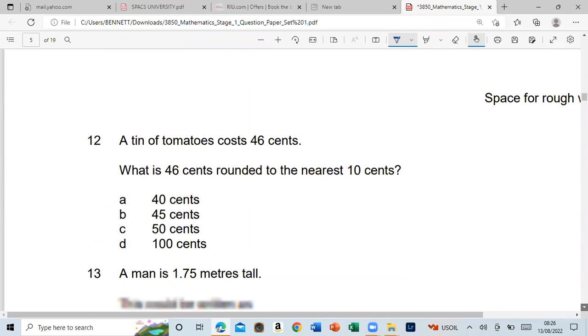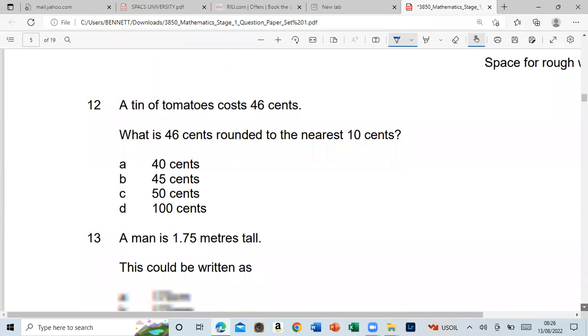1.5 is just a practical thing where you can relate to reality. All right, let's see how you do with this one now. A tin of tomatoes costs 46 cents. What is 46 cents rounded to the nearest 10 cents? You have to give me a reason for your answer. Whatever you say, you have to give me why you chose that one. C, sir. Oh, you got it.